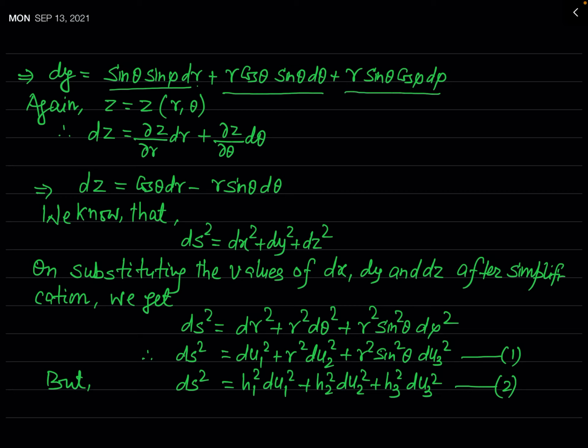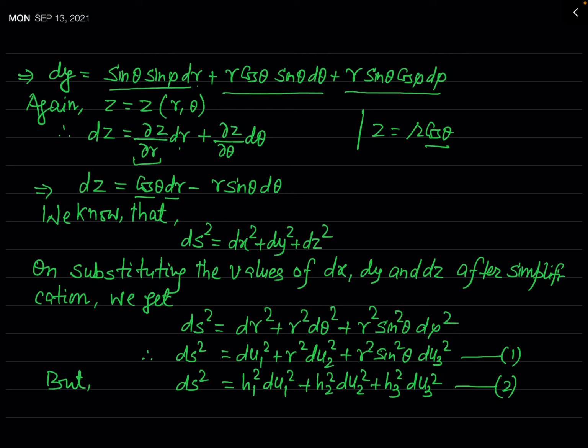Again, since z is only a function of r and theta, not of phi, dz will be del z by del r dr plus del z by del theta d theta. And we have seen that z is equal to r cos theta. So del z by del r will be simply cos theta, because del r by del r is 1, and dr is here.